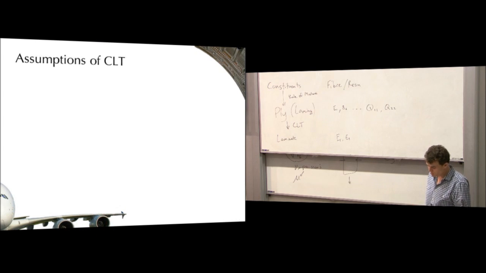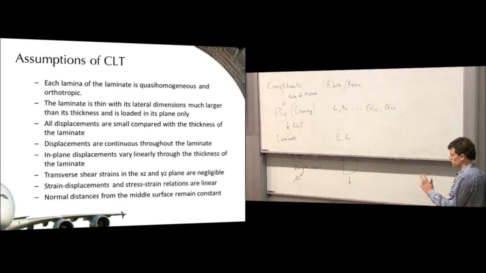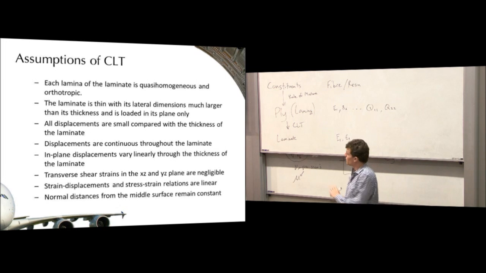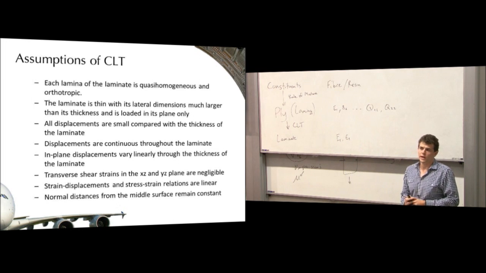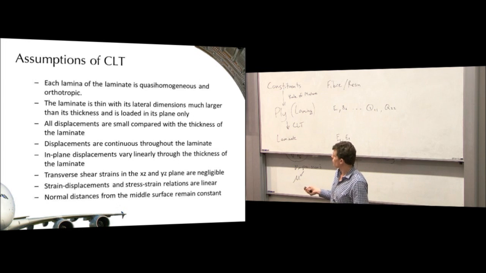There's a bunch of assumptions, and I'll put them all up, and it's not necessary to go through all of them, but all I will say is that for most thin-walled problems, and most aircraft structures are thin-walled problems, all these assumptions hold, so we can use classical laminate theory fairly confidently. You can keep these for reference, but they're not that important for the analysis.